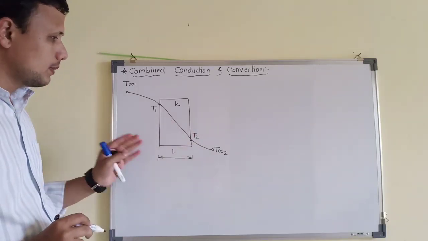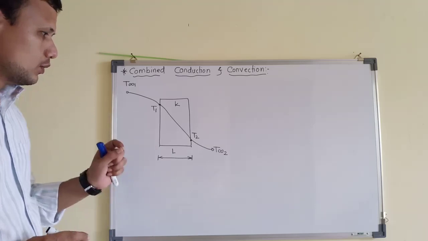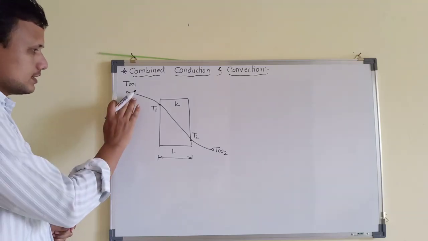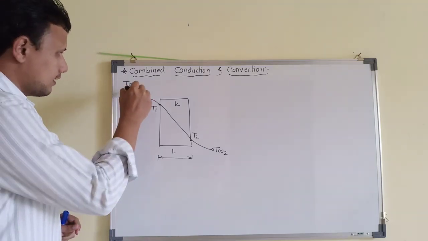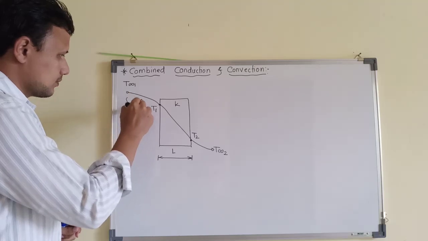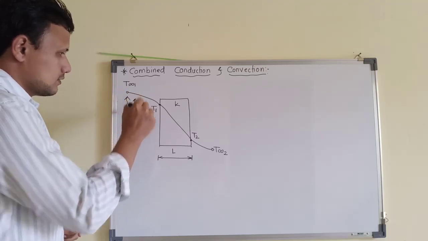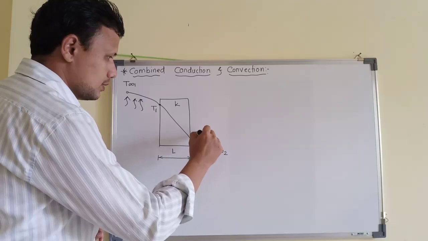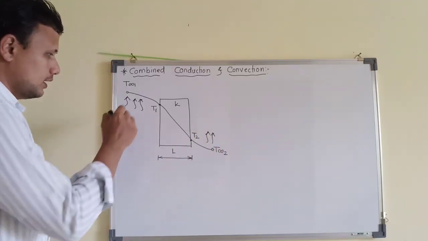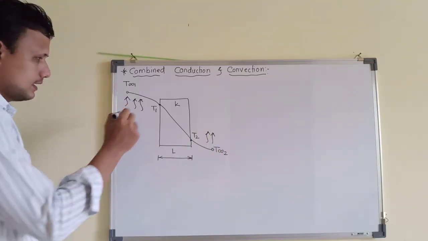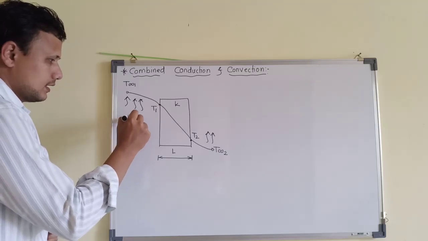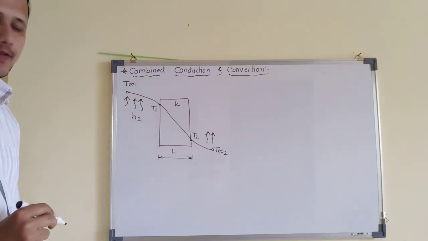Okay, now how to apply the electrical analogy in this? We also need to understand that because there is fluid here, the fluid may have some motion. Let us assume it like this. Because of the motion of the fluid, according to our basic understanding, convection will be there, and that's why there will be a heat transfer coefficient.